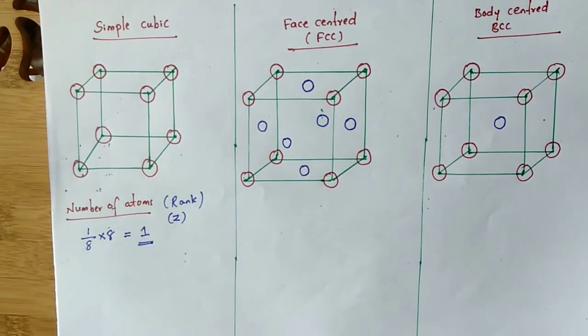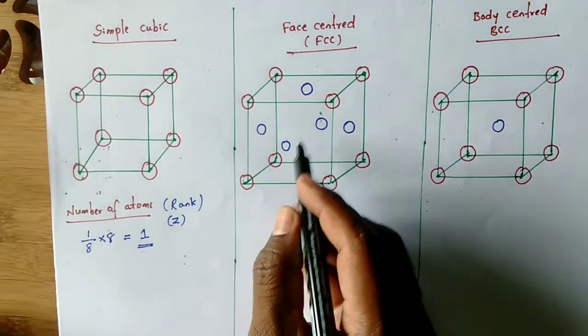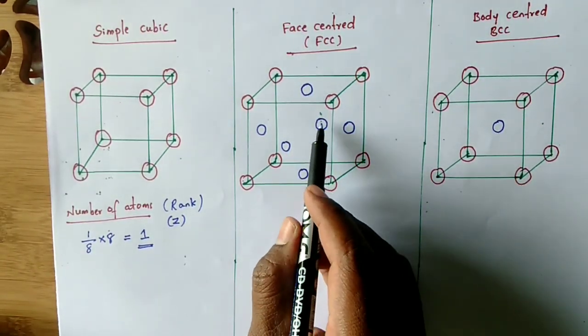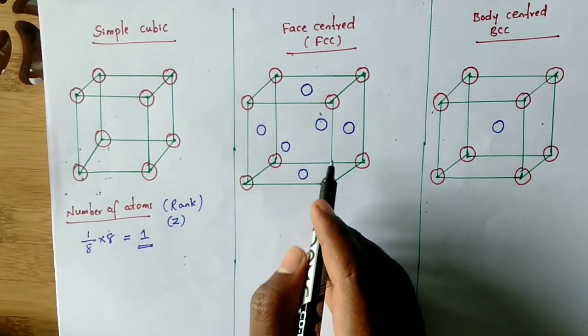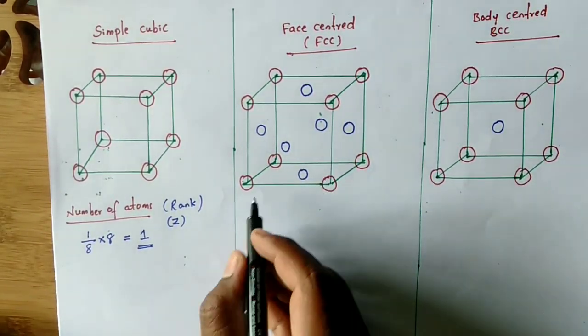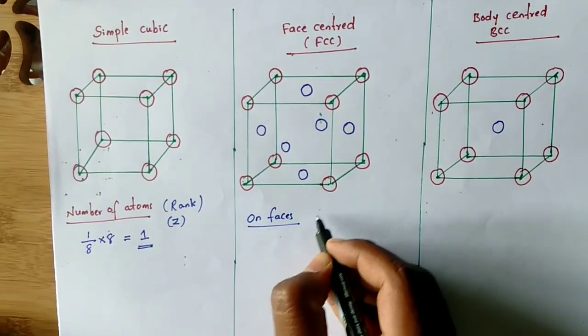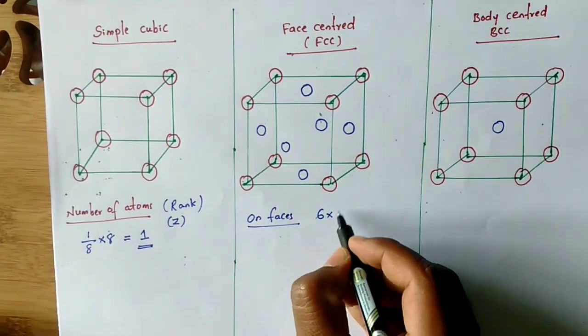And look at the face centered cubic. Here also let us find the number of atoms first. These are the faces, 1, 2, 3. The blue color indicates the atoms at faces. Total 6 faces are there, so there are 6 atoms on faces, and each contributes half to this unit cell.